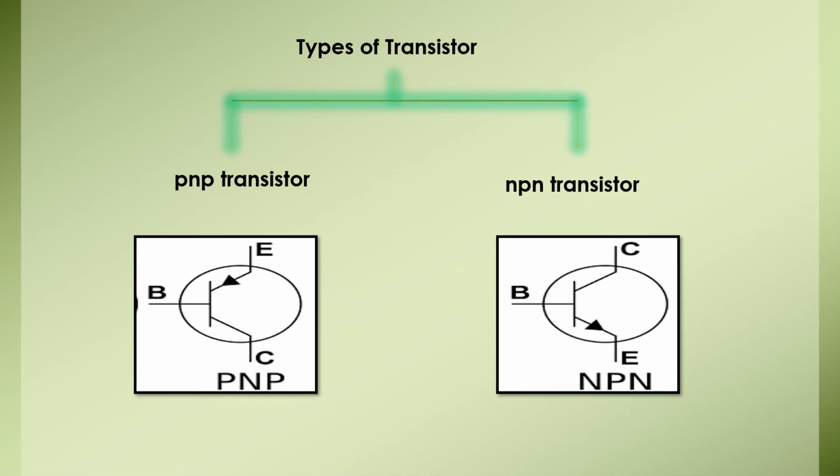In this case also, current flows from positive to negative terminal, means current flows from base terminal to emitter terminal. By using this simple trick that current flows from positive to negative terminal, we can remember the symbolic representation of the PNP transistor and the NPN transistor.